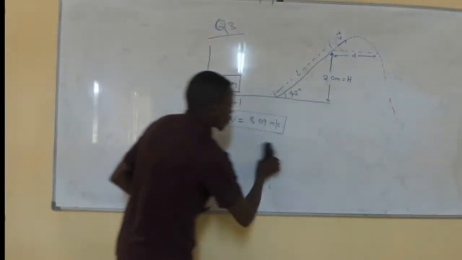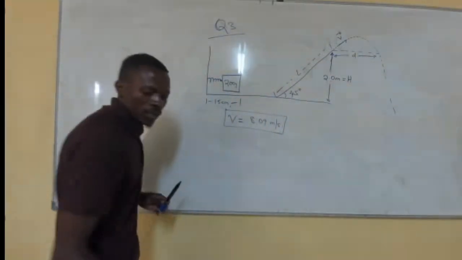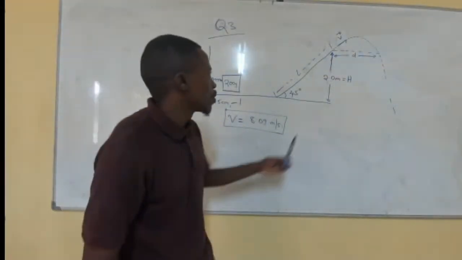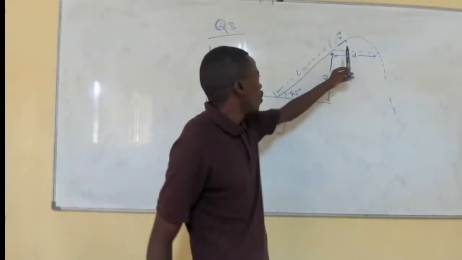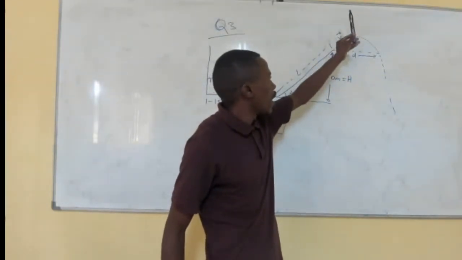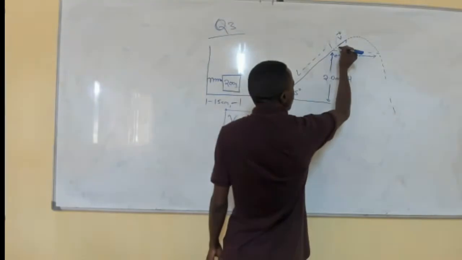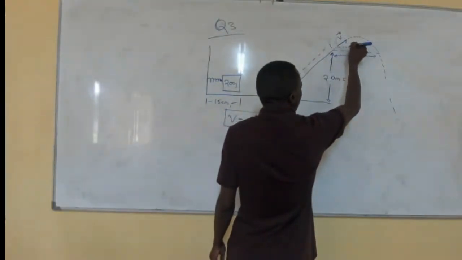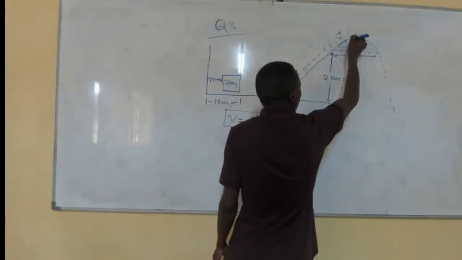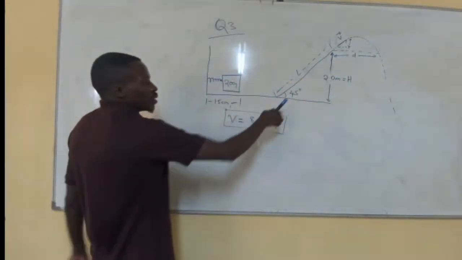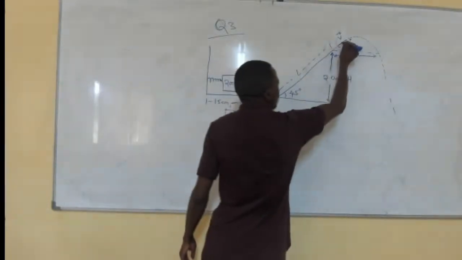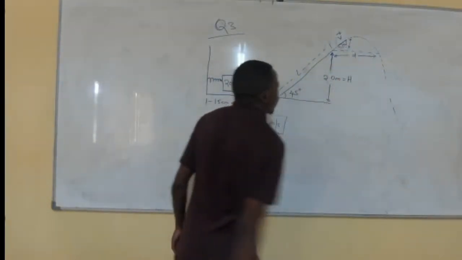Remember that the velocity that we found is the resultant velocity. We have to break it down because at this point our projectile, which is a blob, is moving with respect to the y-axis and the x-axis. Breaking down our velocity, remember that the angle 45 here is also the same angle 45 there.